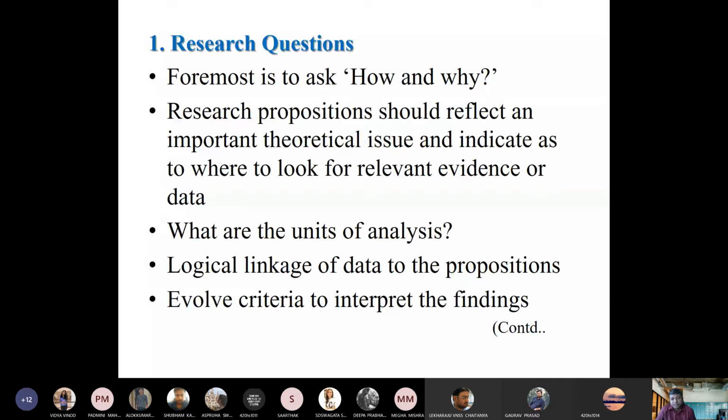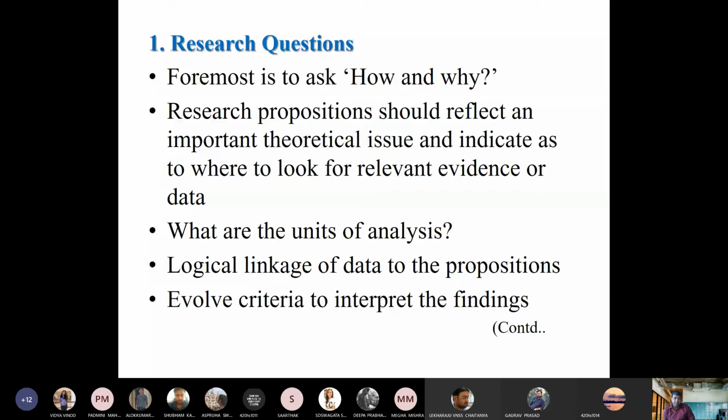If my proposition is something different and my data is something different, the logical linkage between data and proposition is missing, then I am not doing justice. Evolve the criteria to interpret the findings. I have to definitely evolve certain criteria to interpret the findings. What exactly are the findings we have, and what criteria do we evolve to interpret them?